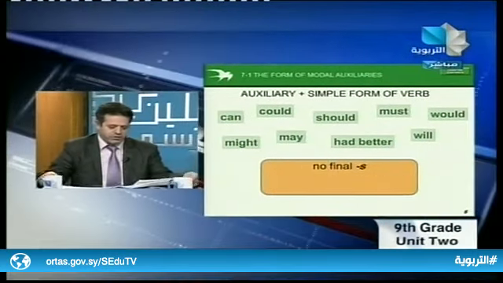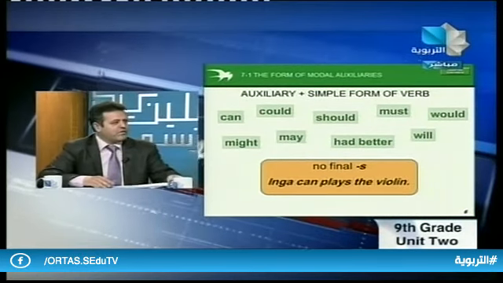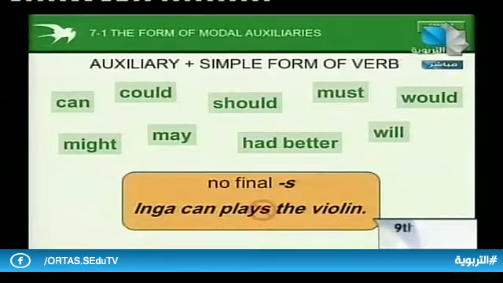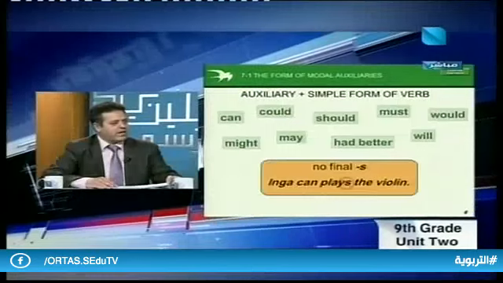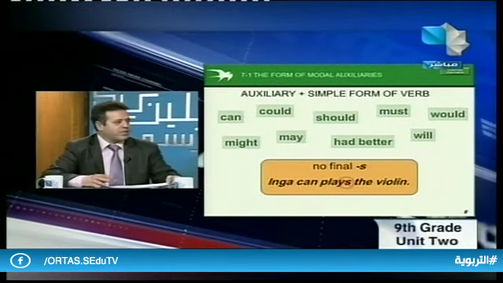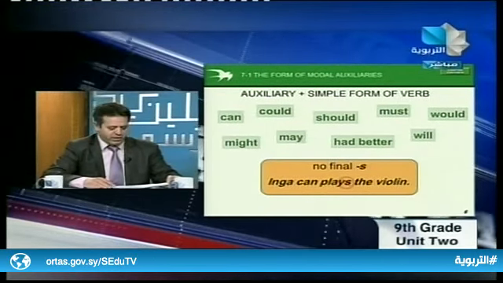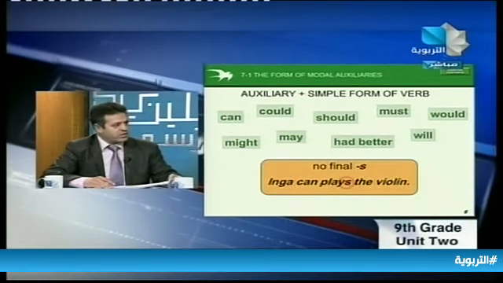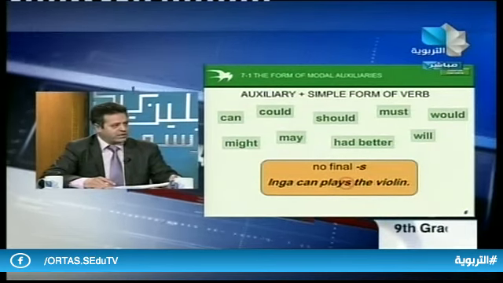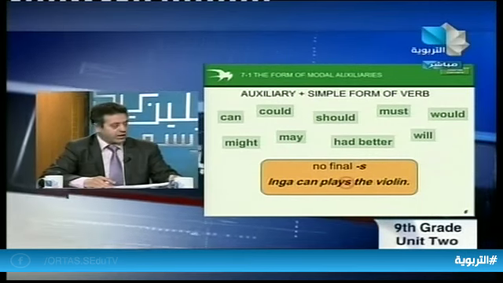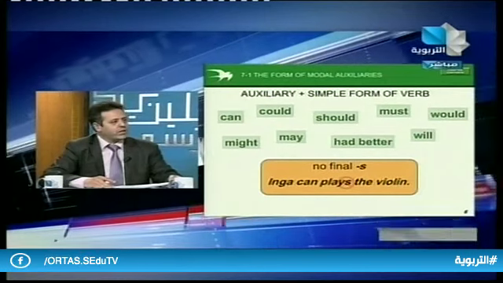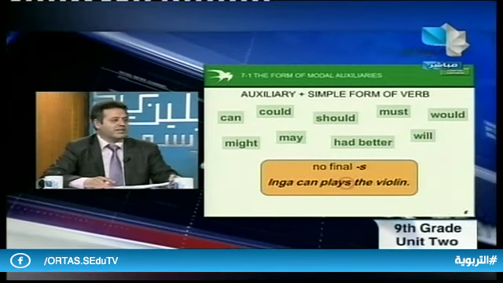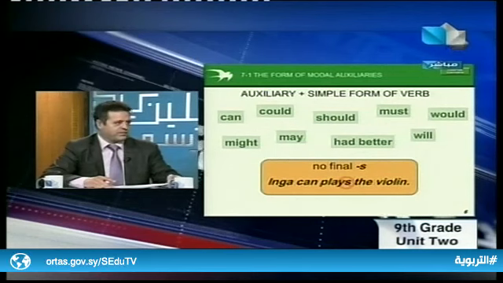Number two, no final S. Dear students, you know that in the simple present, when we have he or she or it, we use the S. Yes, he goes to school, he plays, but when we have a modal verb, we mustn't use S, so we say Inga can play the violin. We can't say Inga can plays the violin, so this is incorrect. Good.